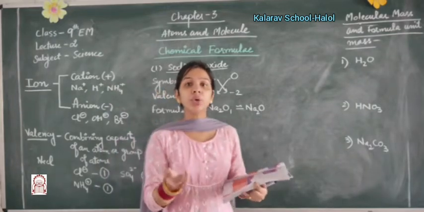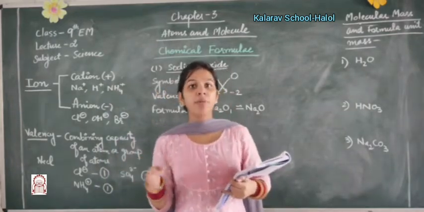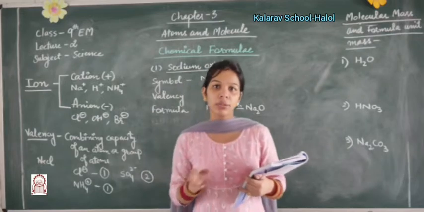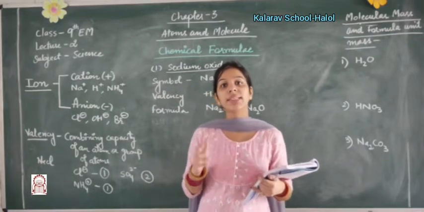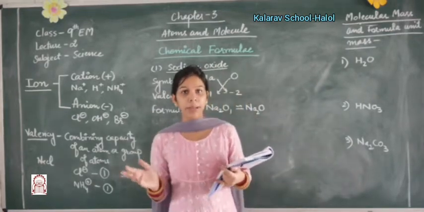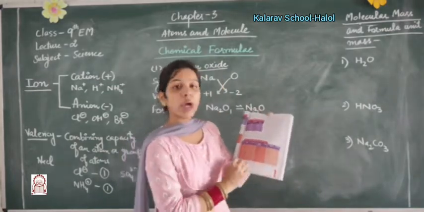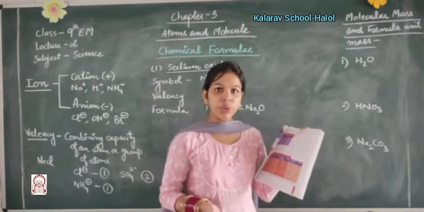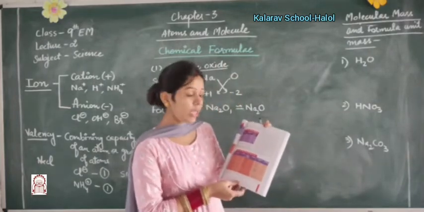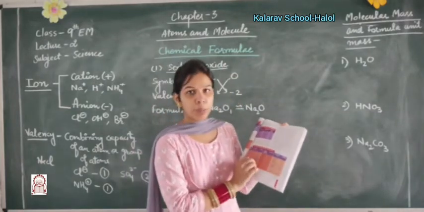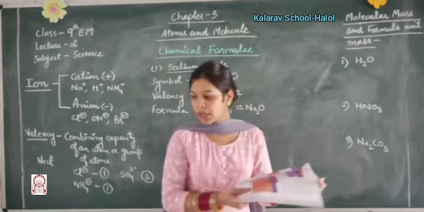I had given you a topic in PDF. Hope you have learned all about the symbols of elements as well as their atomic numbers and atomic masses. Please learn table 3.6 as soon as possible.